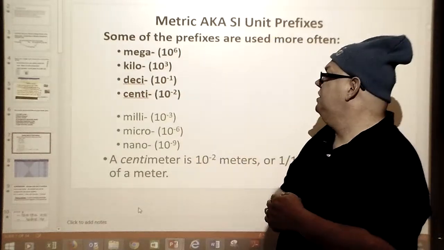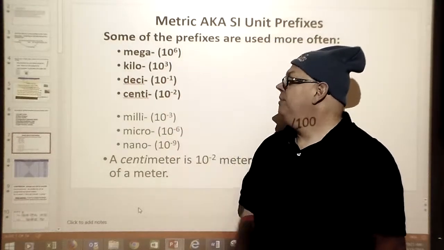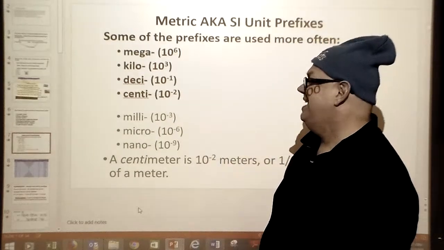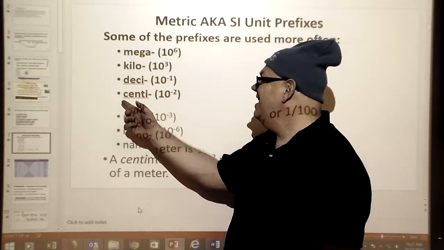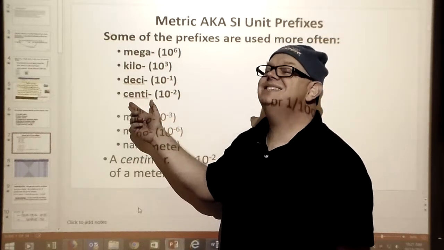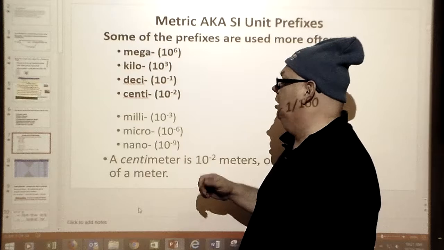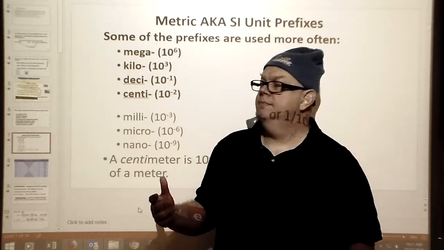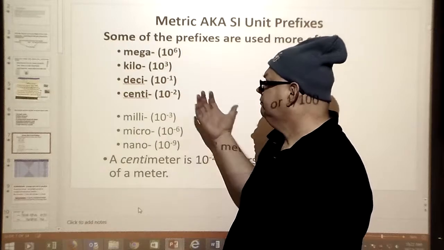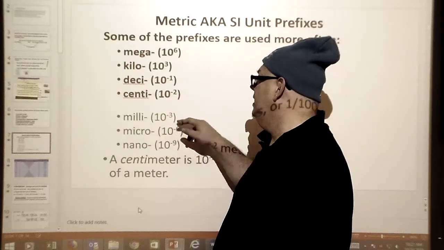That's the metric system. Deci, okay, it's basically 1/10. Centi is 1/100th. Now think, how many cents are there in the dollar? That would be important. So we will work with the centimeter, okay? And then we have milli.